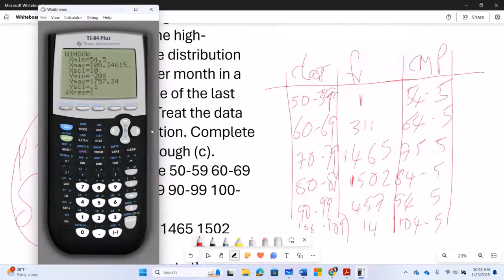But the important thing is that I'm just going to graph. Anytime you change something in Windows, you do not zoom 9 again, like we said.